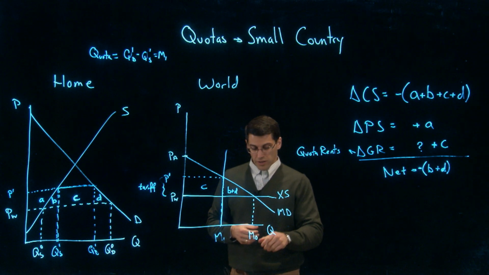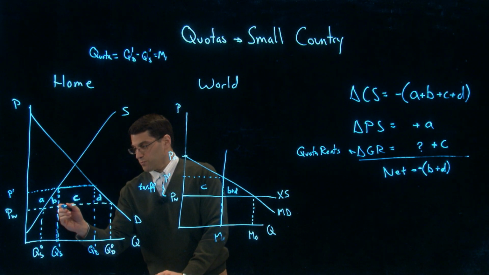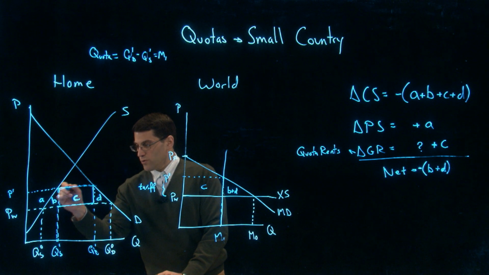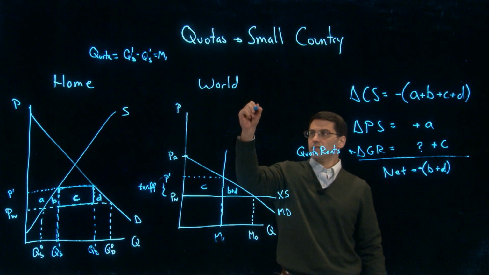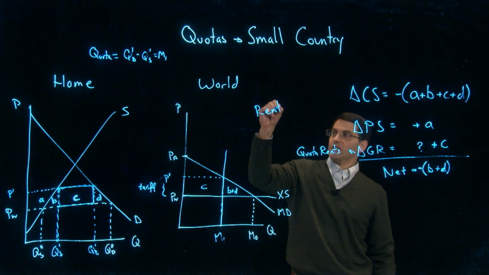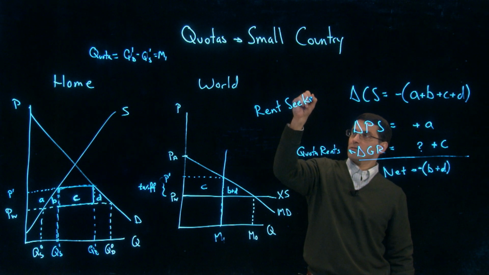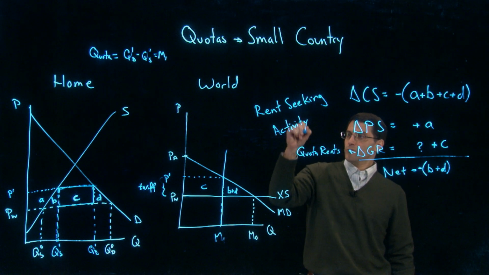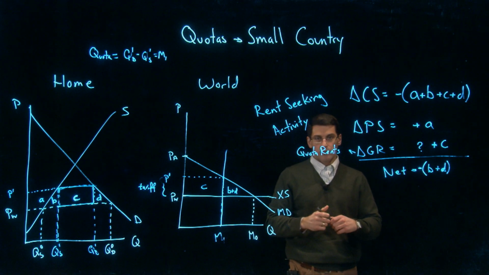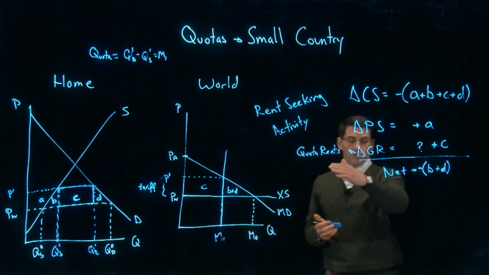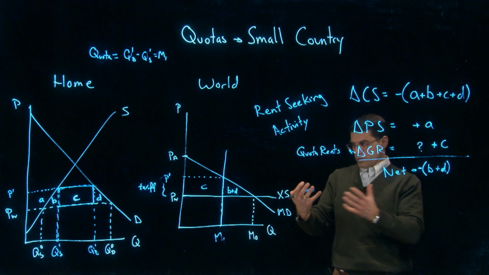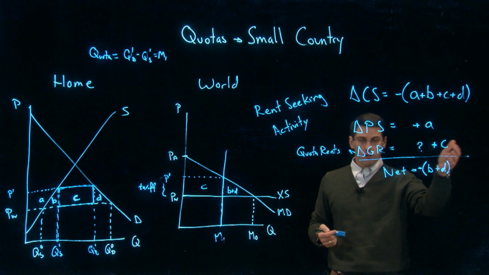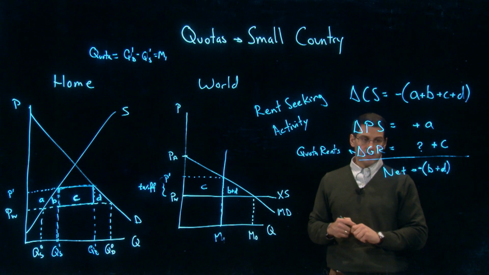In that case, they might end up expending economic activity that ends up eroding C. And we call that rent-seeking activity. In the worst case scenario, as far as rent-seeking activity goes, the firms, in their attempts to get some of these quota licenses for themselves, might end up eroding all of the quota rents through that rent-seeking activity.